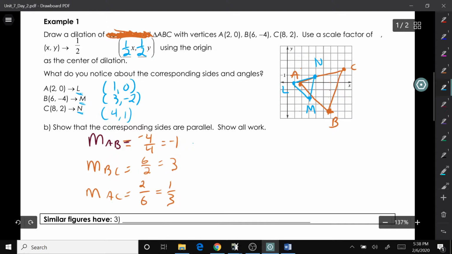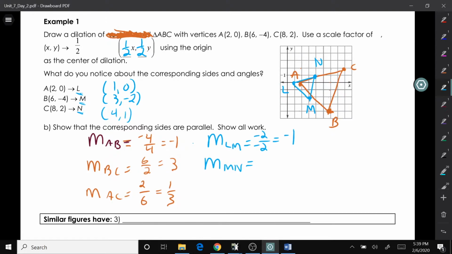So now I'm going to find the slope of each side of the blue triangle. So the slope of LM, and if we count from L to M, we go down 2 and right 2, which gives us a slope of -1. And then let's find the slope of MN. We're going up 3 and right 1, which equals 3. We're going to find the slope of LN, which is up 1 and right 3.